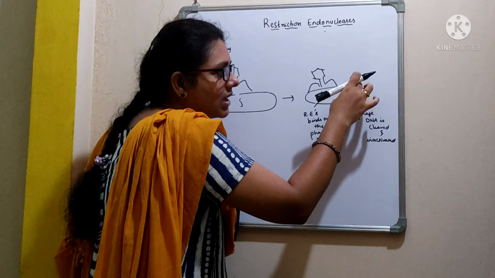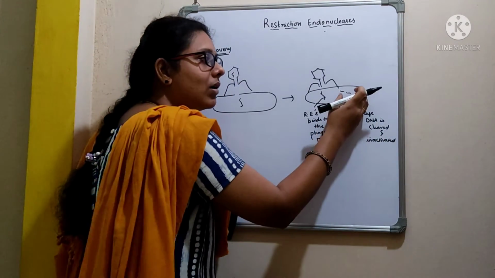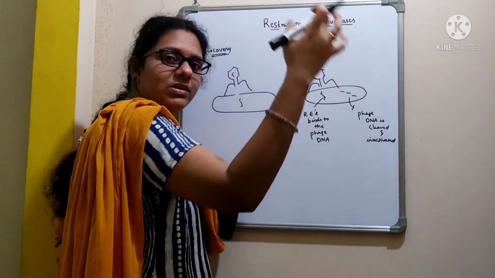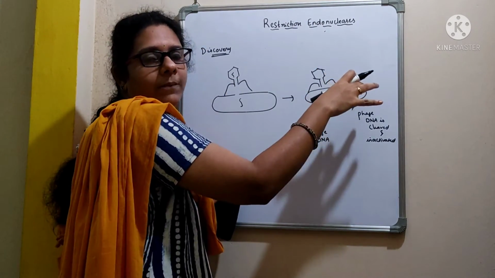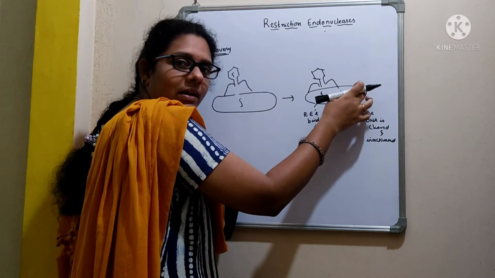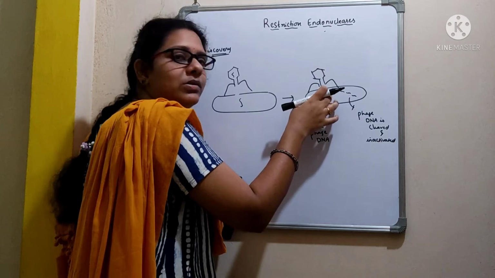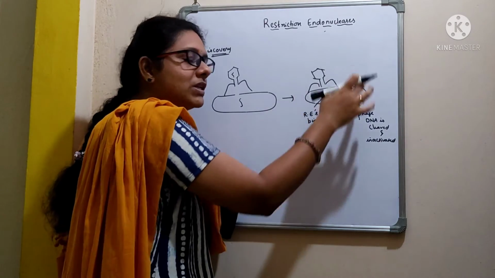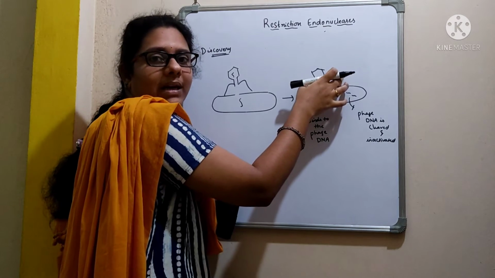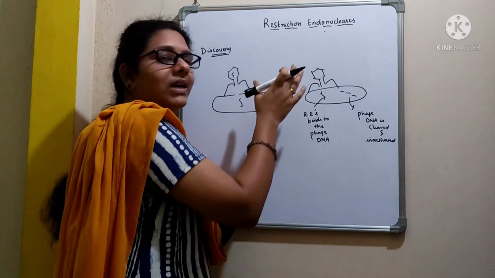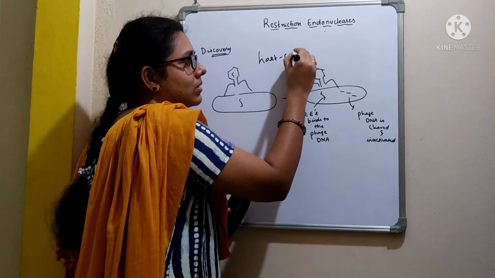Now this phage DNA is cleaved and inactivated. It cannot undergo replication, transcription or translation in order to produce new viral progeny. It got inactivated with the help of restriction enzymes produced by the bacterial cell. In this way, the bacteria protects itself from the harmful effect of a bacteriophage. That's why we call this phenomenon host controlled restriction.